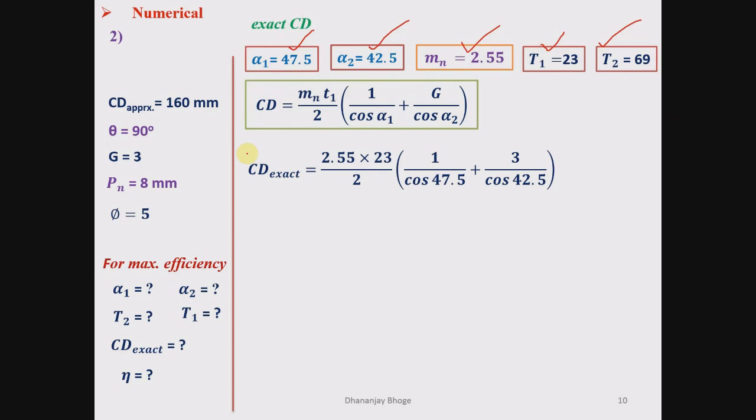Tell me the number of teeth. You will get 162.7 millimeters. The exact center distance.